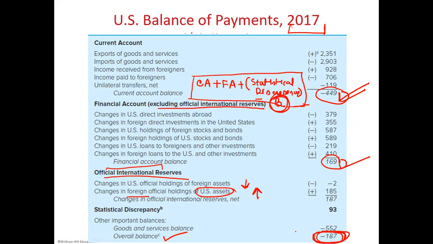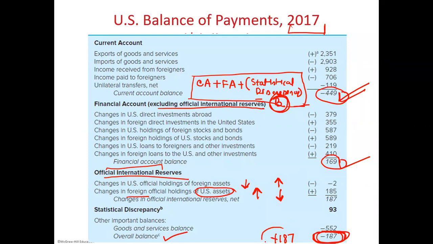Now, if I ask you if that balance is positive, say 187 positive, what would you say in terms of foreign official holdings of US asset? This is likely to decline. And US holdings of the foreign asset should go up, right?